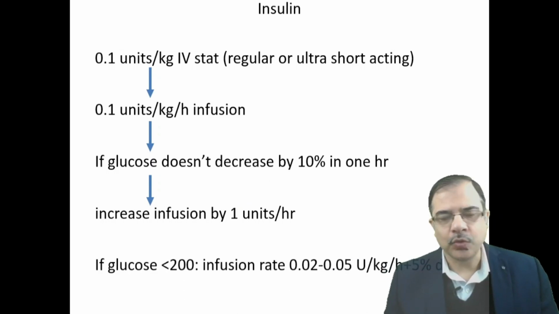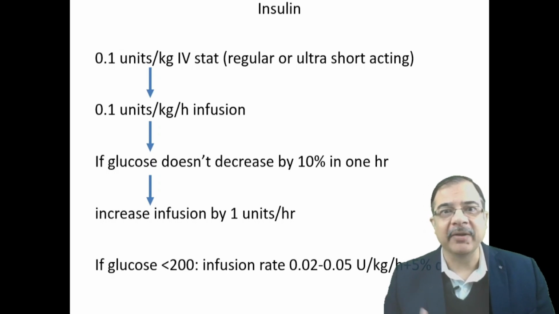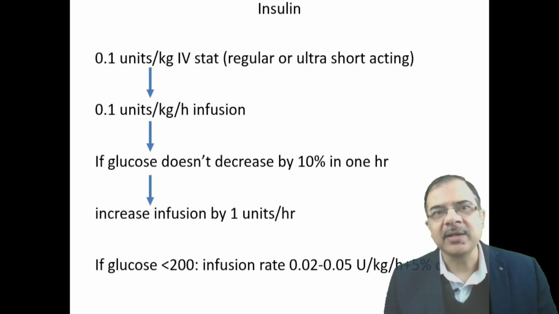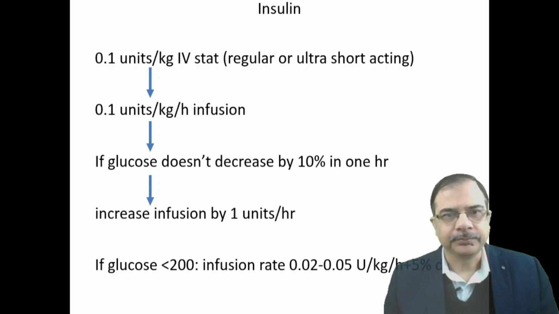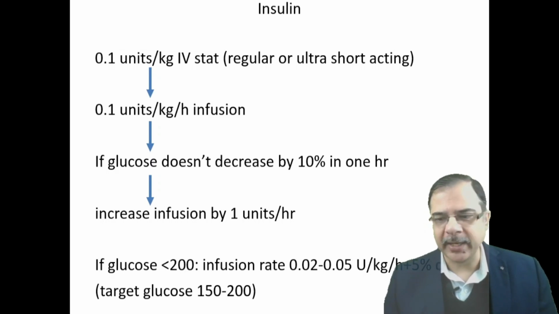And once the glucose levels become less than 200, then we will reduce the infusion rate to 0.02 to 0.05 units per kg per hour, and we will add 5% dextrose in the IV fluids to prevent starvation. And our target glucose will be 150 to 200.